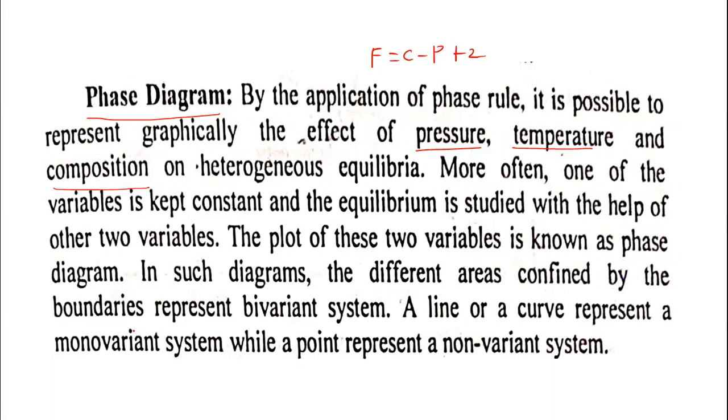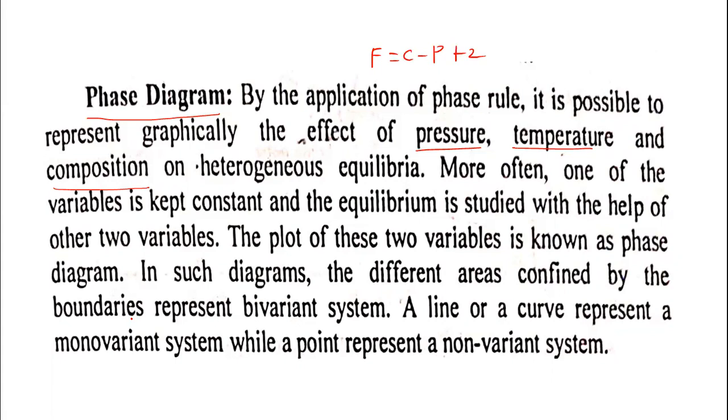What is a phase diagram? It is a simple graph, nothing but the plot of two variables. In such diagrams, the diagram consists of areas, lines or curves, or a triple point.